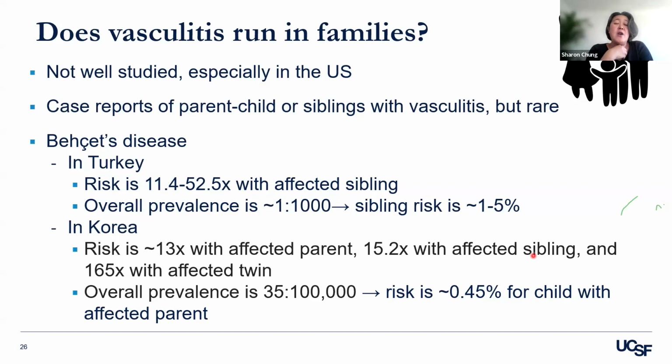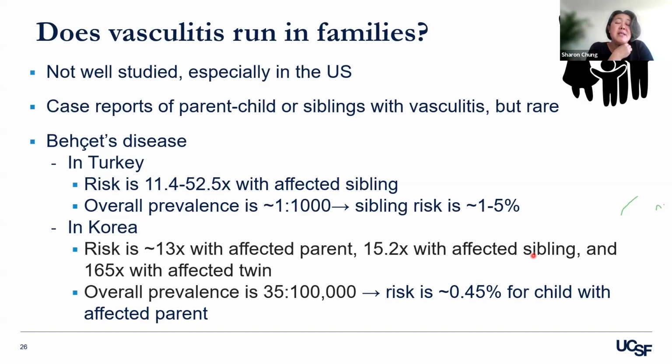In Korea, your risk of developing Behçet's is about 13 times higher than the general population if one of your parents is affected. It's about 15 times higher if one of your siblings is affected, and it's about 165 times higher if your twin is affected. I think that's understandable. Your twin shares your genetic DNA, and so your risk is going to be higher if your twin is affected.